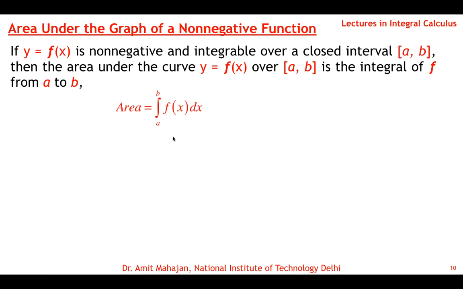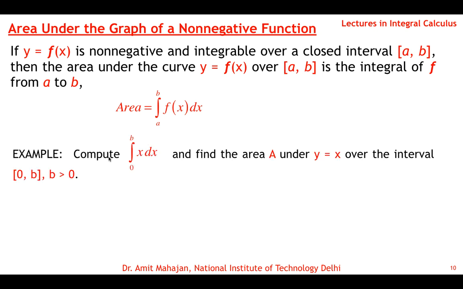We take one example here. Compute the integral from 0 to b of x dx and find the area A under the curve y equals x, because y equals x, the integrand over the interval 0 to b, is positive.